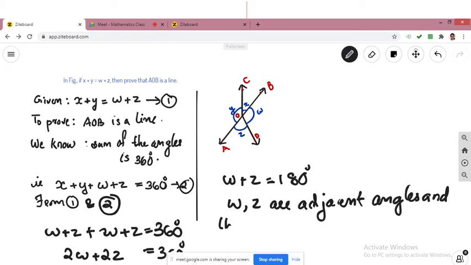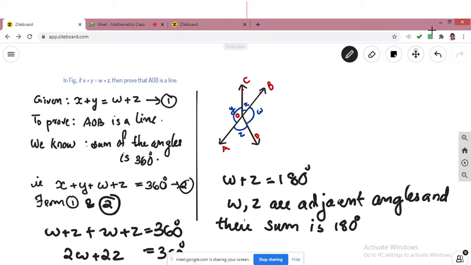So what can we use now? We have got two adjacent angles and their sum is 180 degrees. Now what we need to prove is that AOB is a line, right?